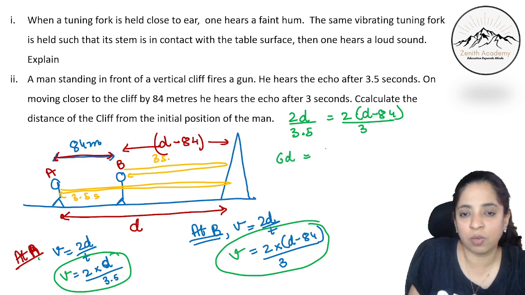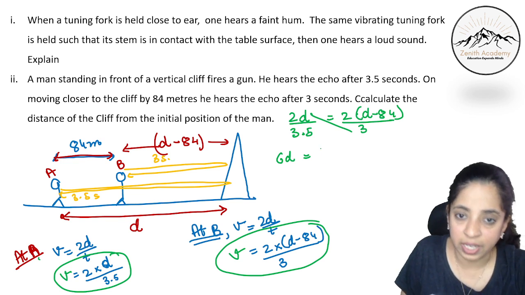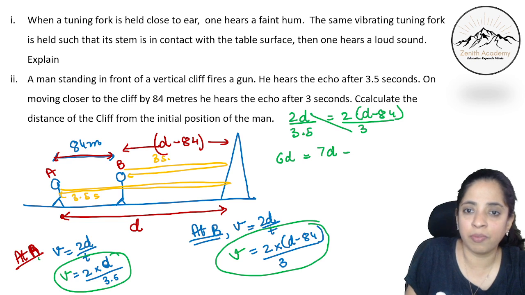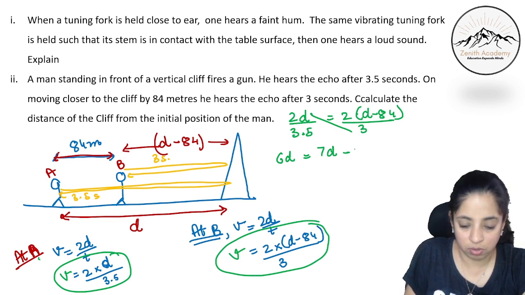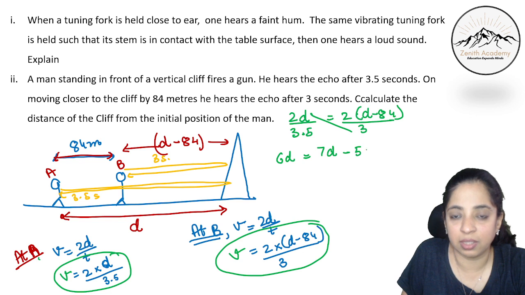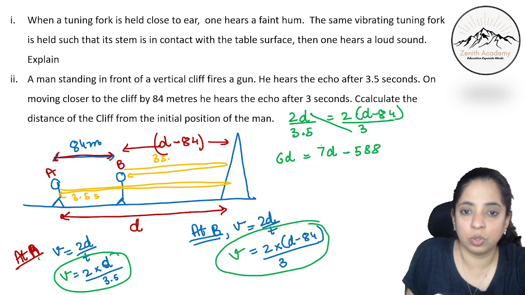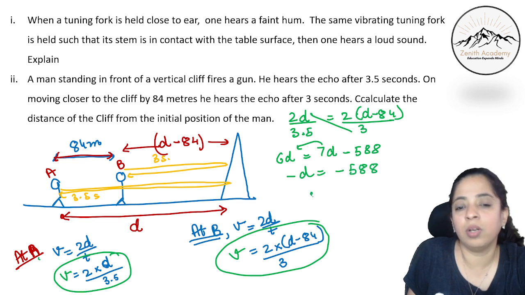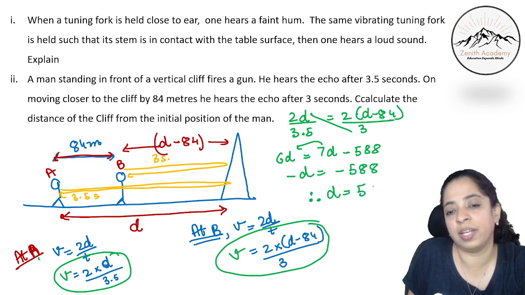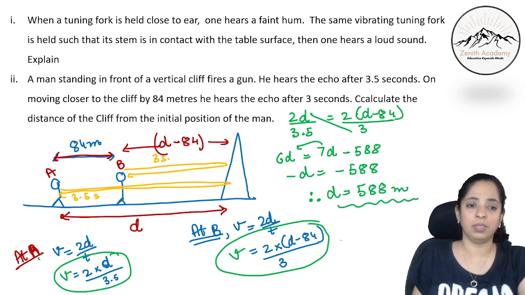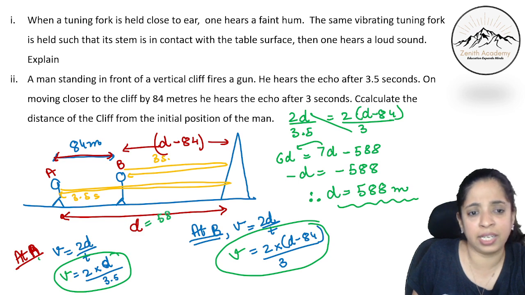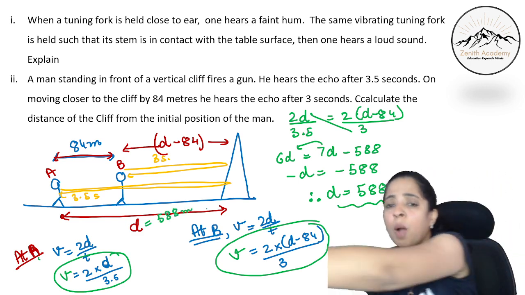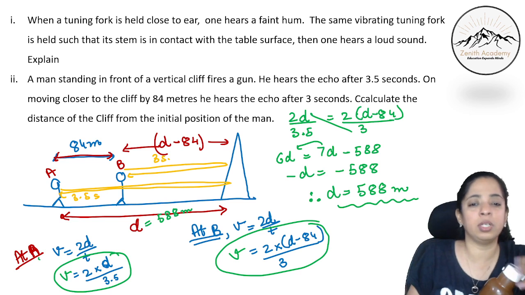So 6D is equal to, it gets crossed like this, 3.5 into 2 into D is 7D minus 3.5 into 2 into 84, which will be 588. So if it goes here, minus D equals minus 588. Therefore, the distance D is equal to 588 meters. I hope this is clear. So this is 588 meters. Copy this question. Very important.